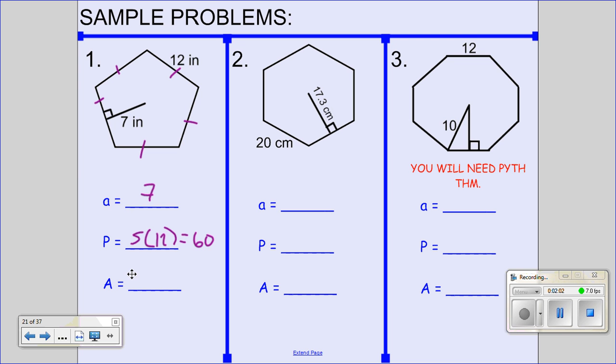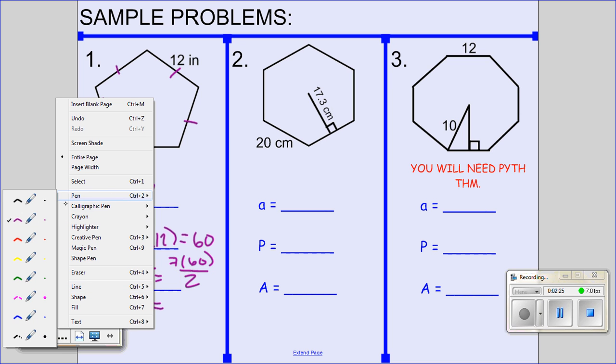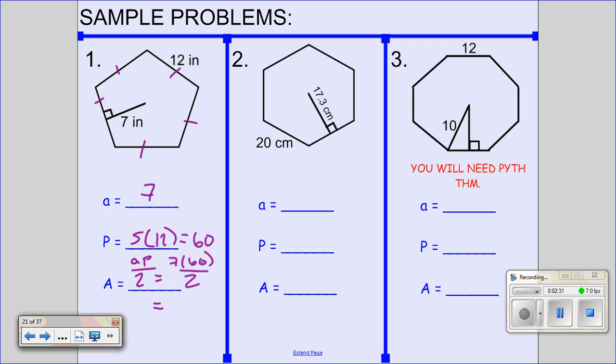Either one, whichever works for you. To find the area, again, it's a times perimeter divided by 2. So that means 7 times 60 divided by 2. Anytime you have an even number in your numerator, you can eliminate some work and calculator button pushing by reducing that number by half.